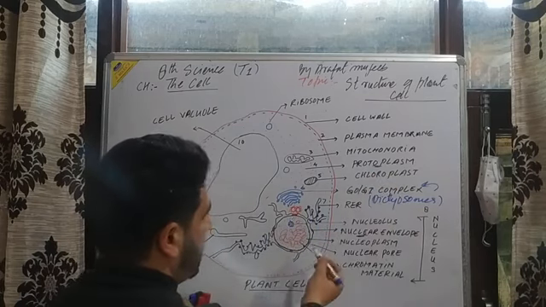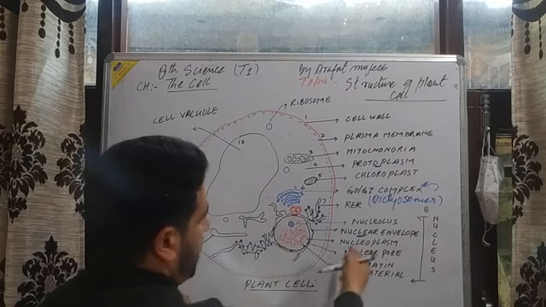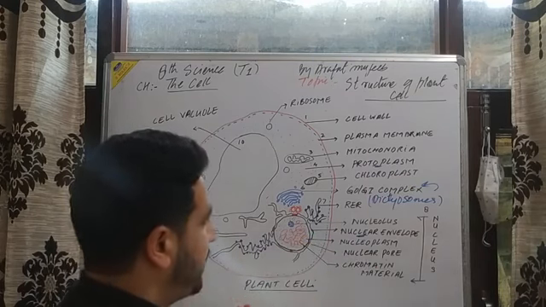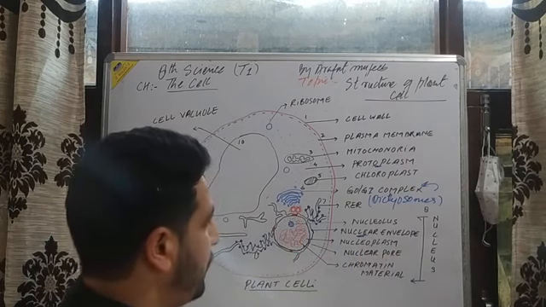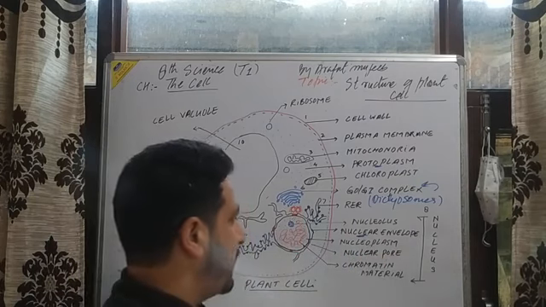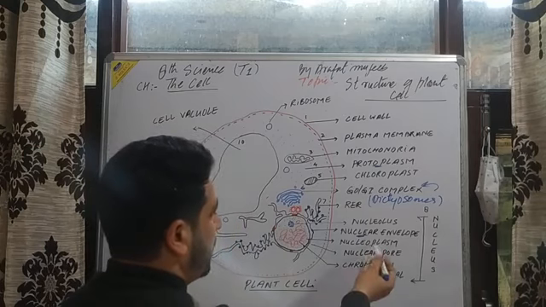Within the nuclear envelope there is a matrix like fluid that is known as the nucleoplasm or nuclear material, also called karyoplasm.